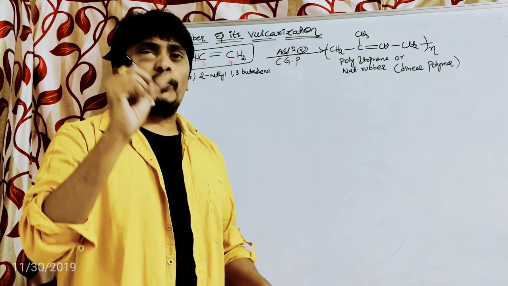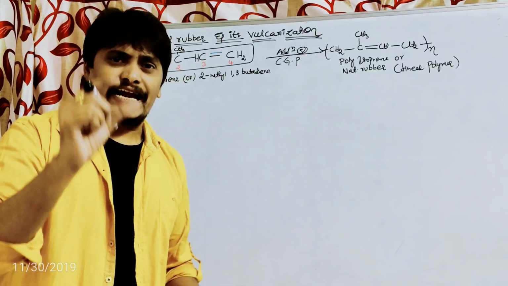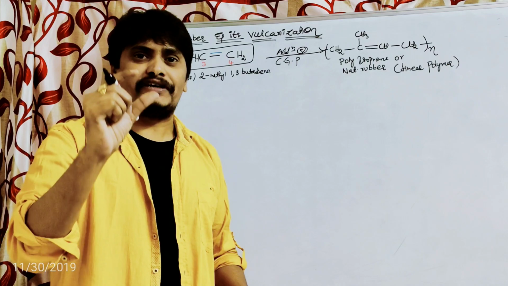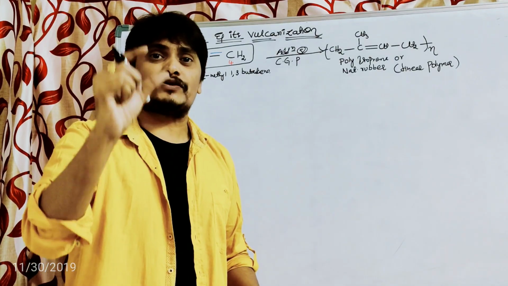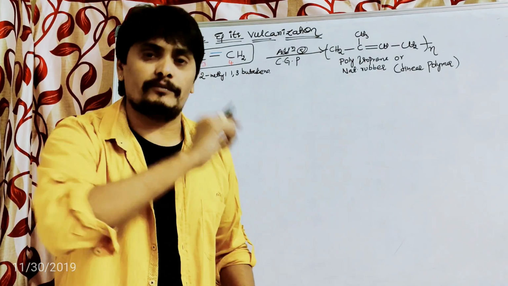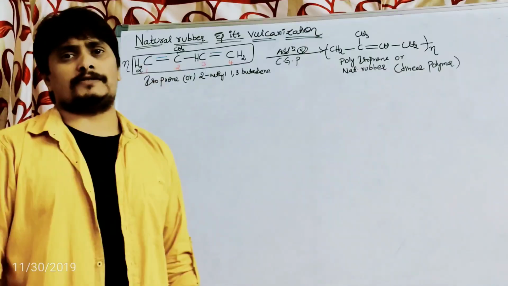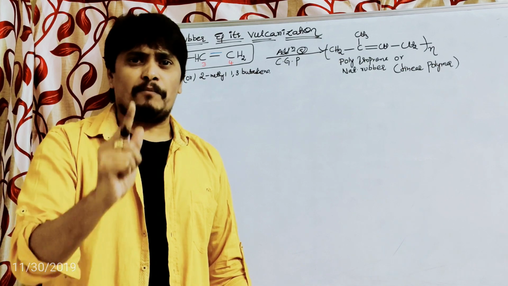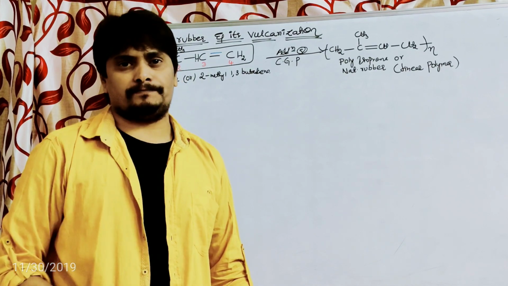Now we have to discuss the properties or characteristics or disadvantages associated with this natural rubber, which is a linear polymer. So before that, students, in which industry the rubber is extensively used?